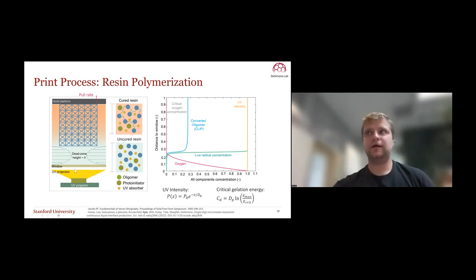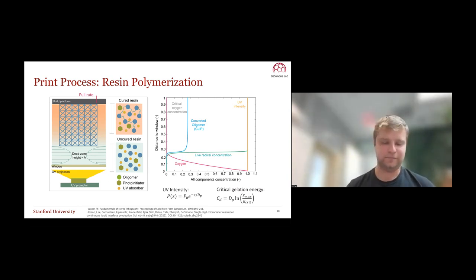If you think of other vat polymerization 3D printers, many of them use essentially just a glass window. And if you've ever used UV curing epoxy or another kind of UV polymerizable fluid, you know that if you bring two objects very close together, we're talking about a gap of only 50 to 100 microns, if not less, and then shine UV light, those two objects will stick together.